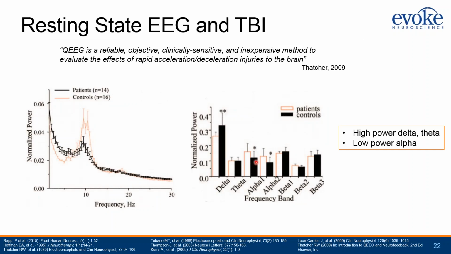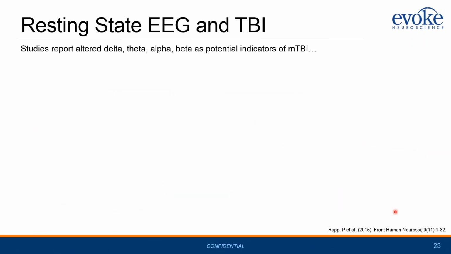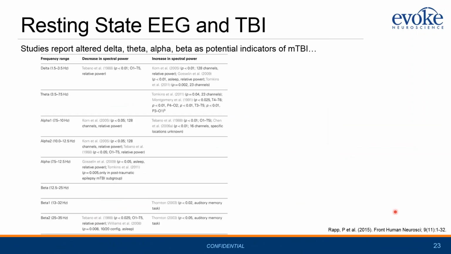So there are a lot of different clinical studies. I referenced a few here, but there's a lot if you just do some quick Googling. Studies actually report altered brainwave production for delta, theta, alpha, and beta, all of our categories we're interested in, that can be related to TBI. So this is a sample figure from a great review, and it shows that some studies found decreased power for these different frequency bands.